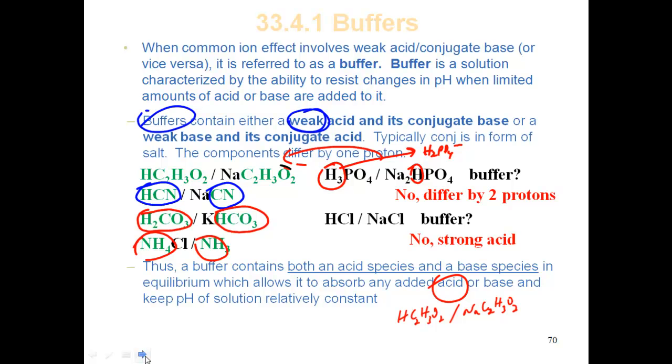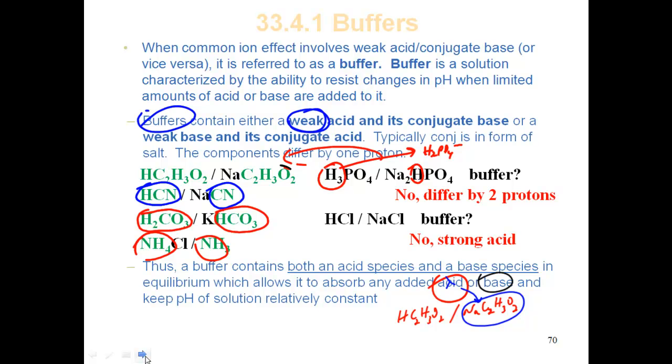If I add acid to it, it's going to want to neutralize with the base component. So that acid will react with that sodium acetate, consume all that acid, and basically keep the pH relatively the same.